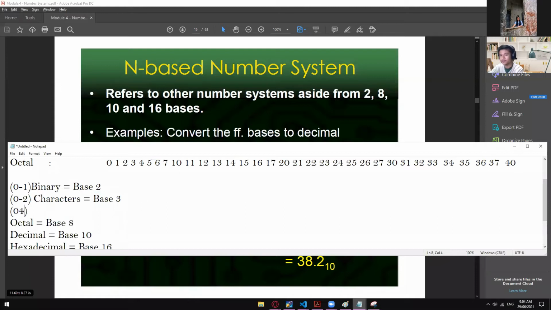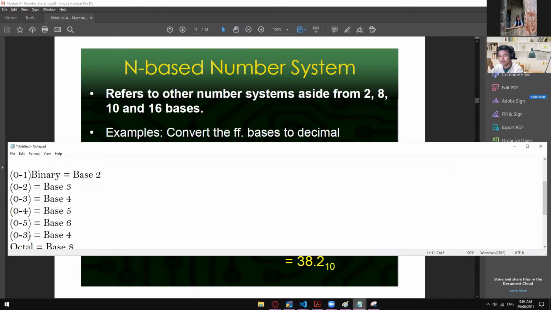And then 0 to 4, let me just remove these characters. Oops, my bad. 0 to 1 is base 2, 0 to 2 is base 3. This one is base 4, 0 to 3. If you have 0 to 4, this is base 5. If this one has 0 to 5, this is base 6. 0 to 6 rather, it's not 7.